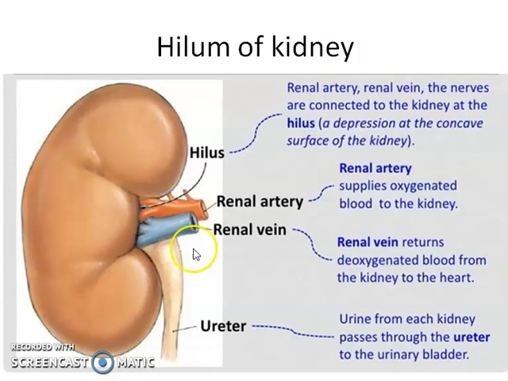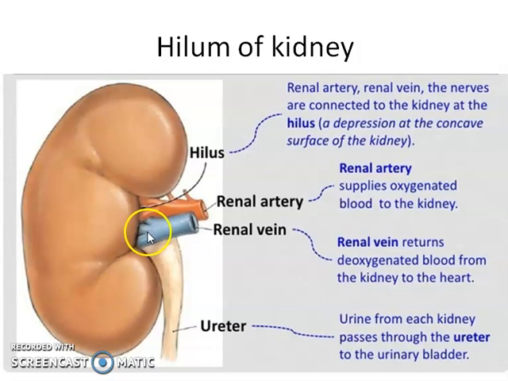The structures at the hilum of the kidney from anterior to posterior are the renal vein, then the renal artery, and the posteriormost structure is the renal pelvis, which continues as the ureter. Thus, this helps us in determining the side of the kidney.